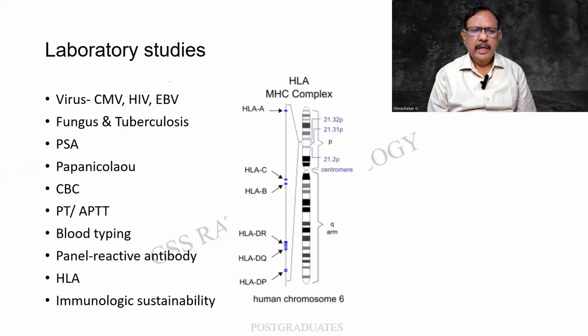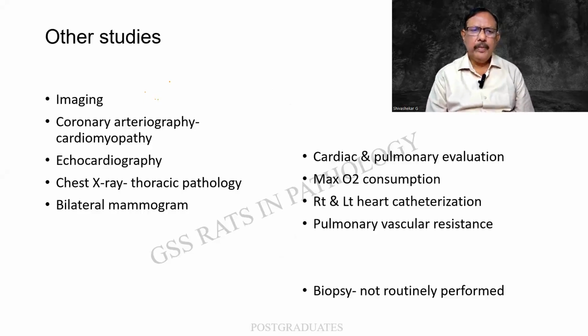There is a complete panel of reactive antibody, the HLA typing, CBC, and the immune susceptibility that are to be assessed. And this is a diagram of the HLA MHC complex, major histocompatibility complex, which by itself is a question we shall see at a later date. And in the heart, there can be other studies which include imaging.